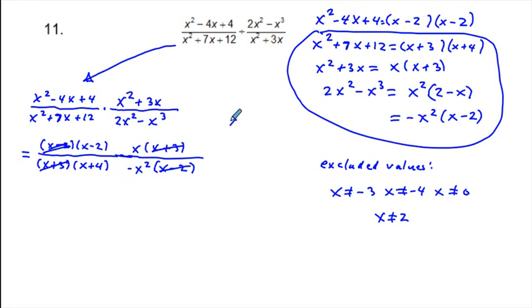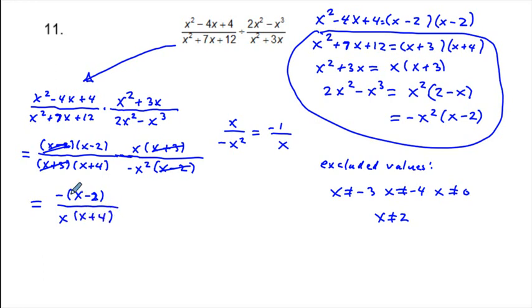We have this x over negative x squared can be simplified to negative 1 over x. And so what we're going to have left is negative quantity x minus 2 over x times quantity x plus 4.